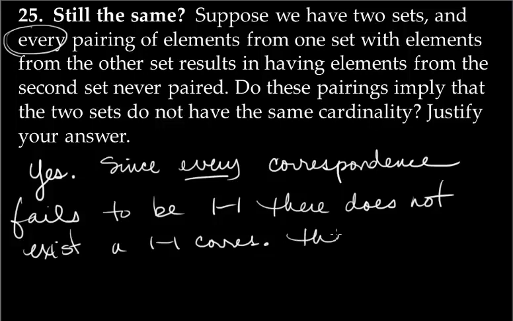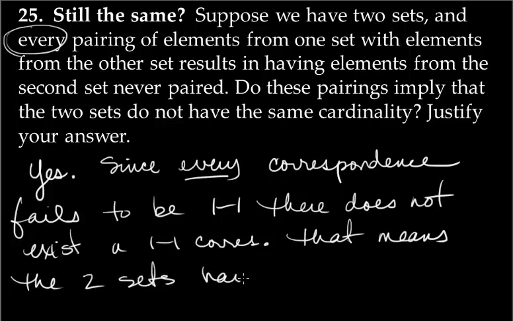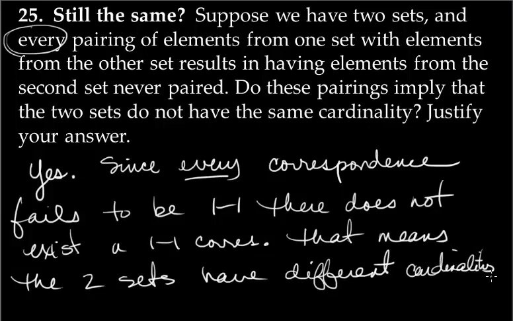That means the two sets have different cardinalities. Okay, so think carefully about these problems. They really are the essence of what we are trying to learn in section 3.1.